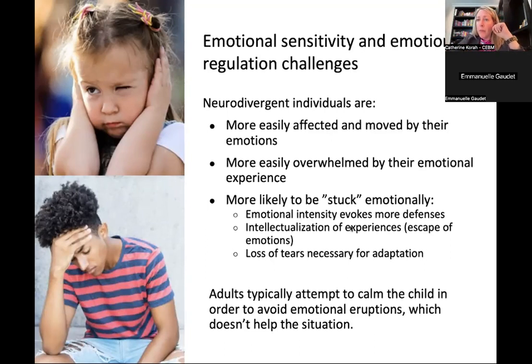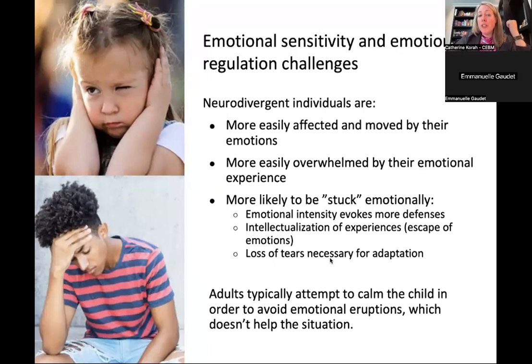We notice sometimes, especially with our bright kids, whether Asperger's or gifted, that they tend to escape their emotional experience and intellectualize it in order to avoid the overwhelm and vulnerability of that emotional experience.